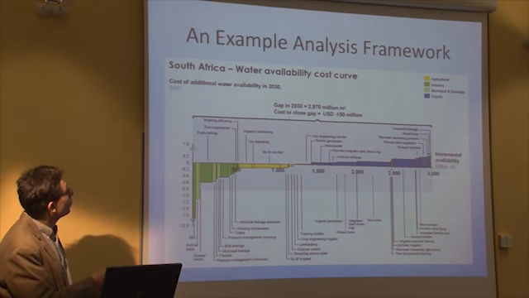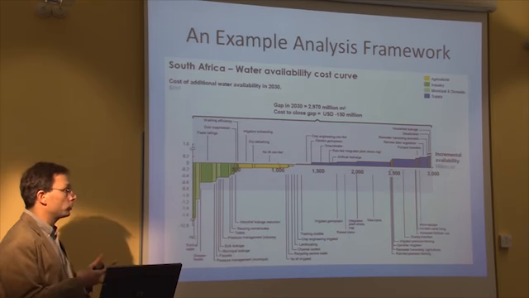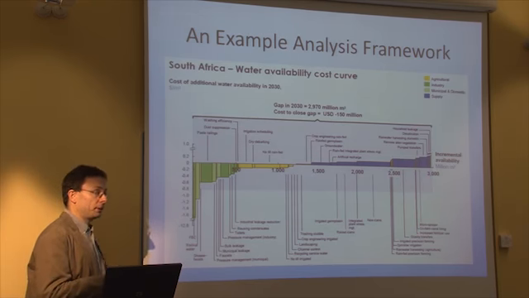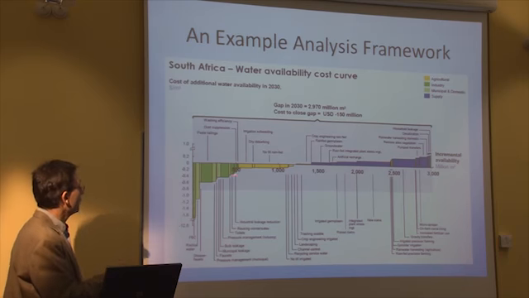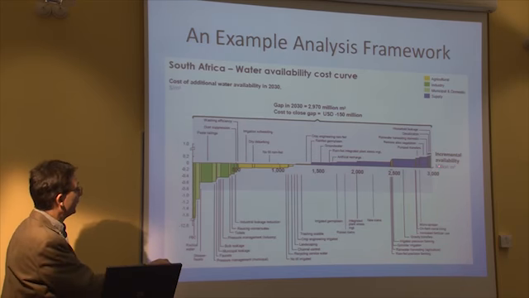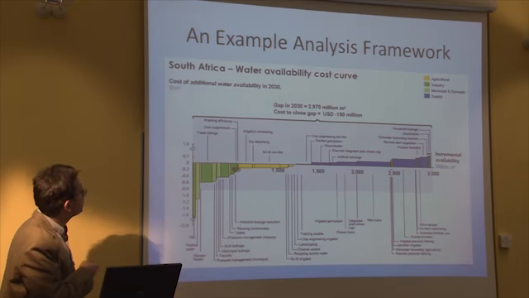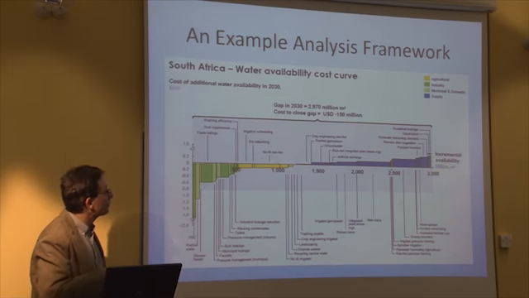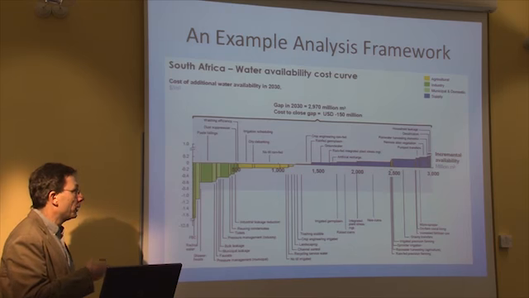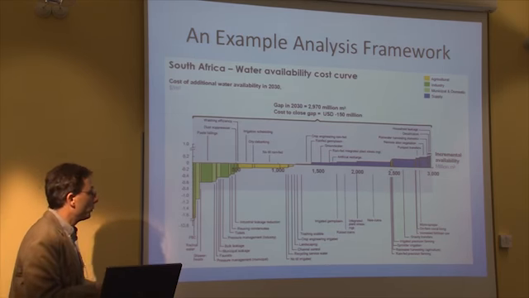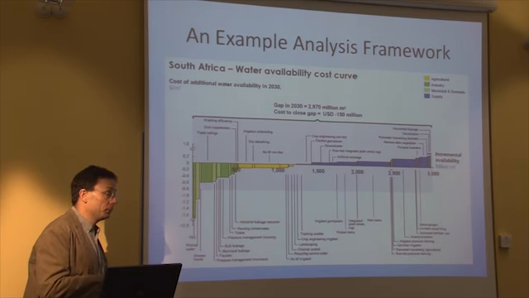This is an example for South Africa. It's showing the total future water requirements for South Africa based on a particular scenario about water demand. And this axis along here shows the gap between current availability and future demand. So there's a 3,000 million cubic meter demand gap for South Africa's water requirements in 2030.